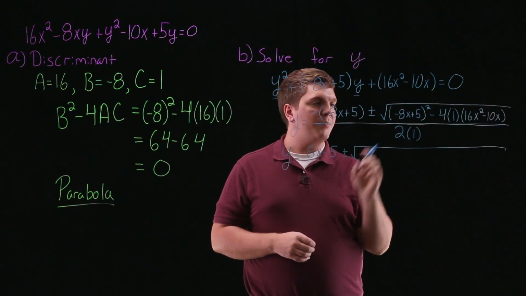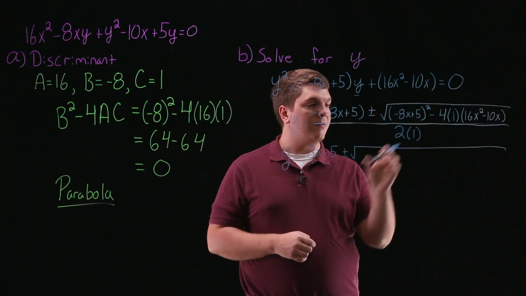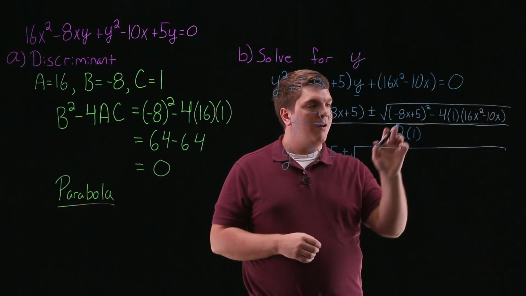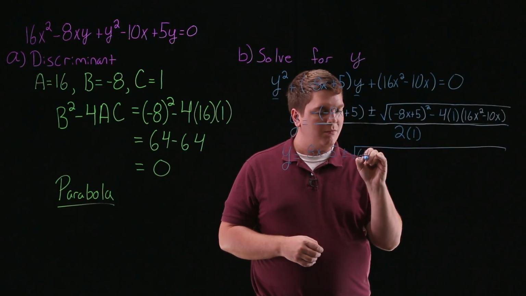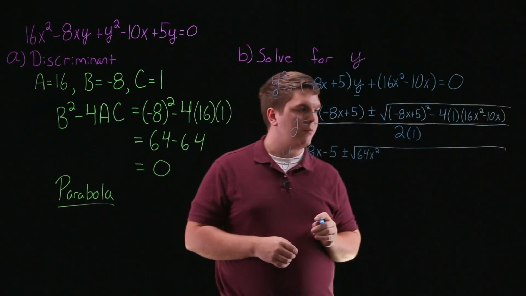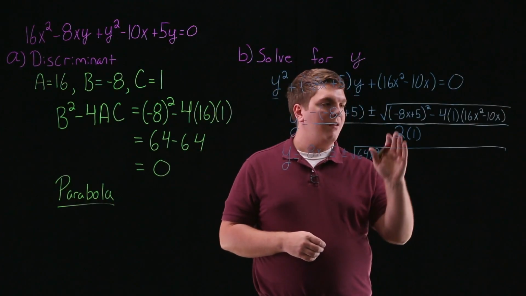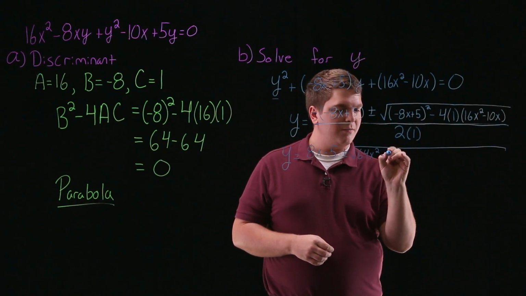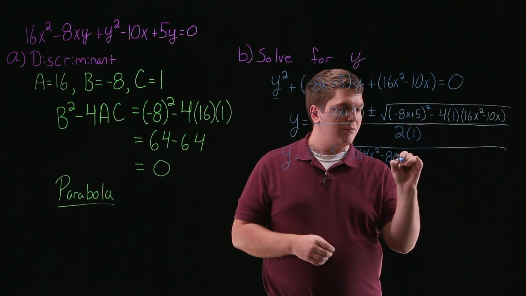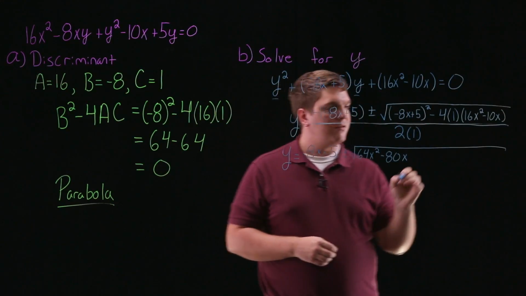well, here we can expand this, -8x plus 5 quantity squared. So we'll have a 64x squared, then we'll have negative 80x and plus 25.